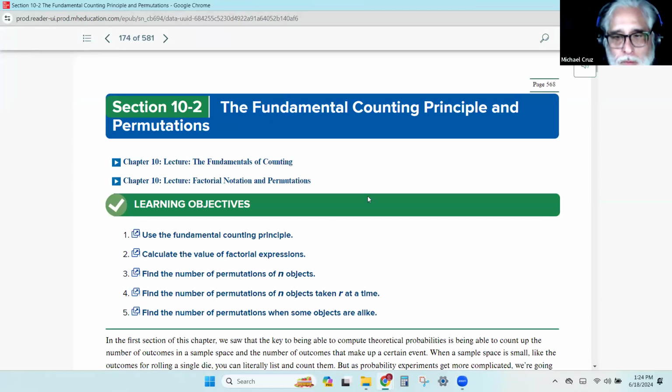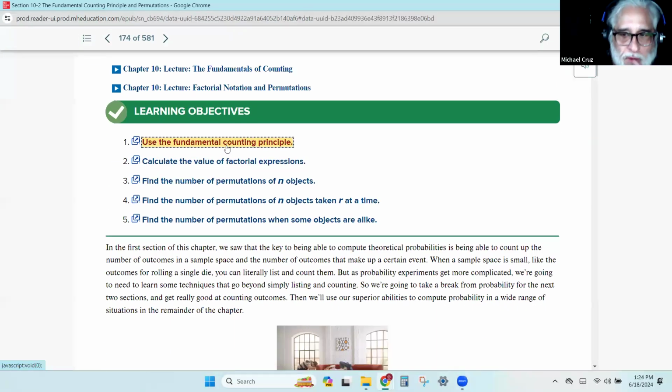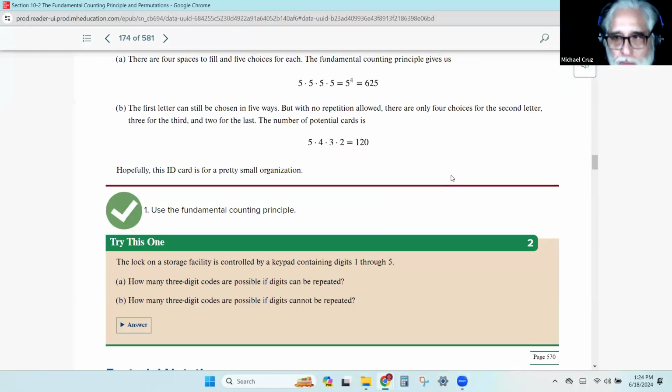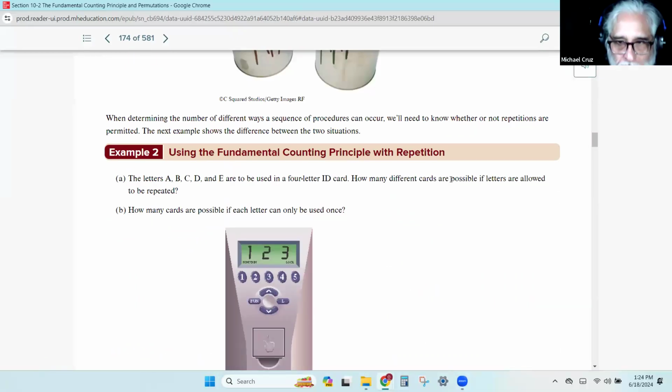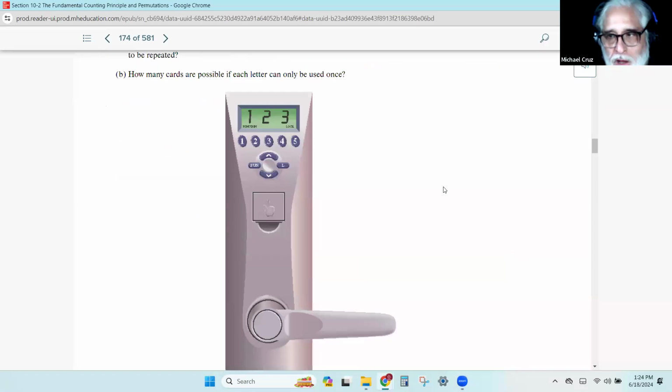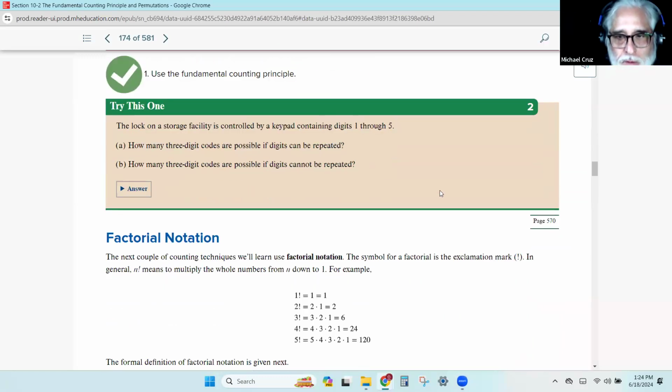All right. So the fundamental counting principle is simply finding out how many ways there are to do combined experiments. To do that, you've got to distinguish. Now, let me just show you on this. Three different codes, if the digits can be repeated.